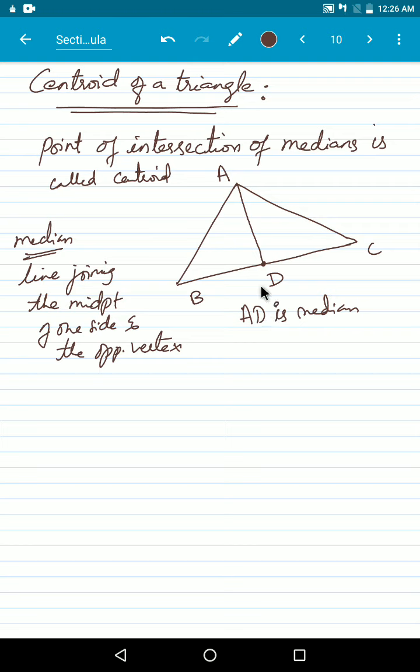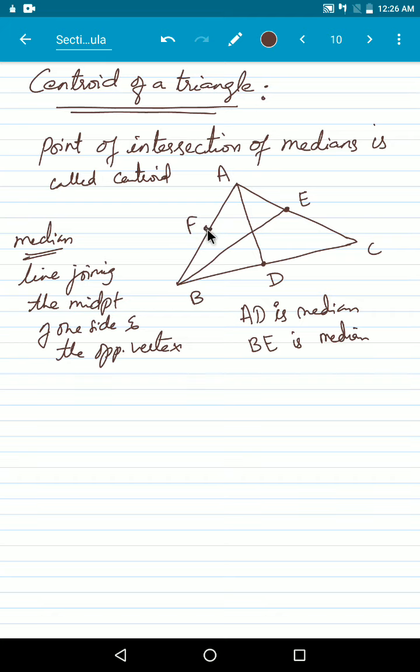So like this we can have three medians. See, AC is a side. If we take this, let us say this is E. E is midpoint of AC. Join with the opposite vertex. Opposite vertex is B. So this BE is median. In the same way, AB is a side.